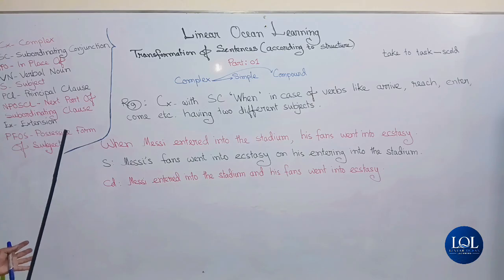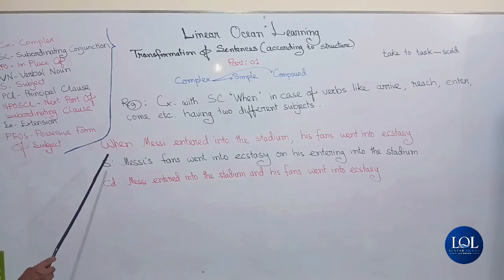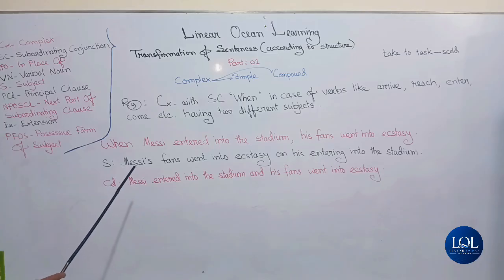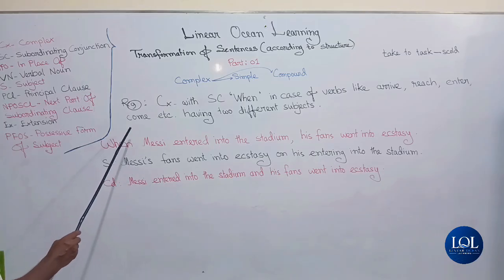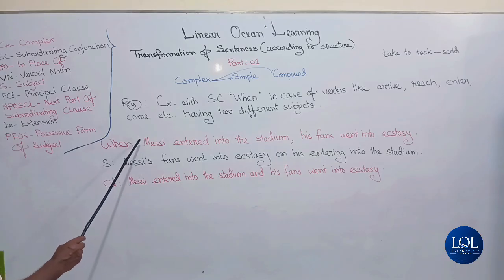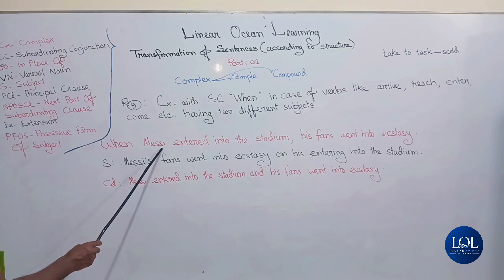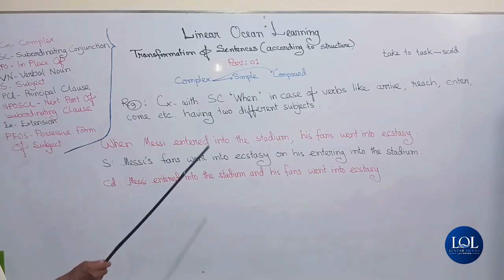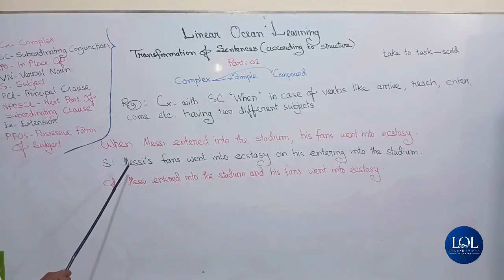Here is a special case. In the prior examples, pronouns were used, like I, when I reached home, but here it is a name. In case of a name, it is better to put the name, or the principal clause, at the beginning.